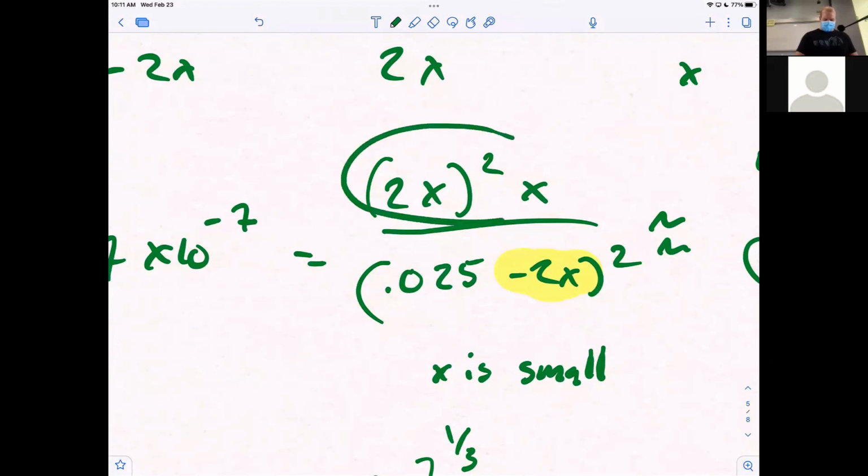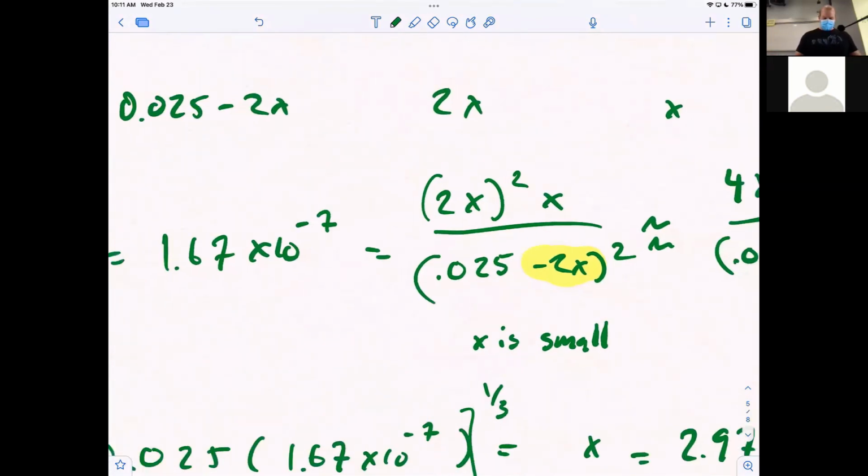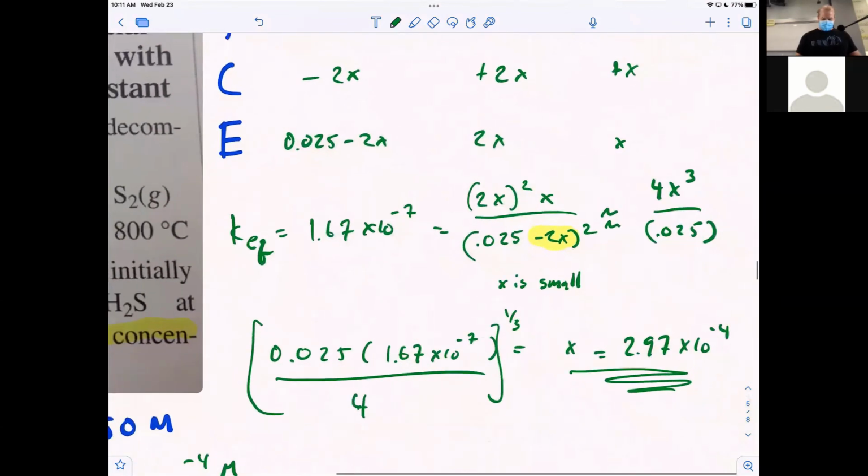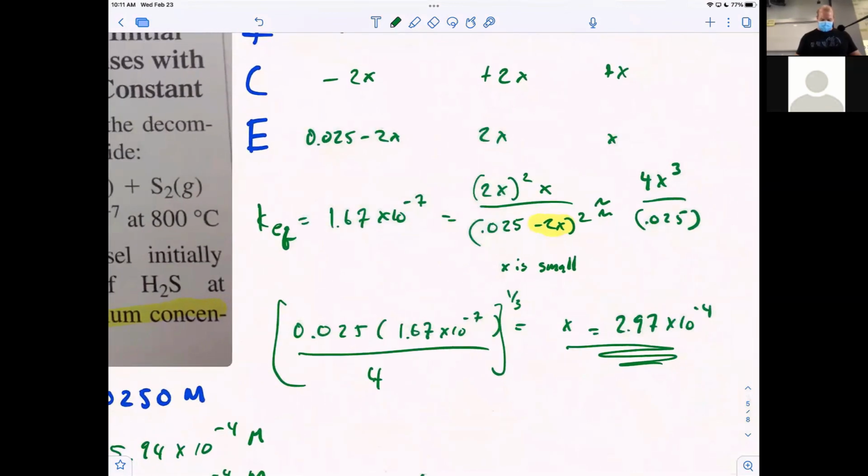If you say, well, why can't I just discount the x up here and say x is 0? Then the numerator becomes 0, and 0 times 10 to the minus 7 is approximately 0. And this is a true statement, right? 1/10 millionth is approximately 0, but that doesn't get us anywhere.